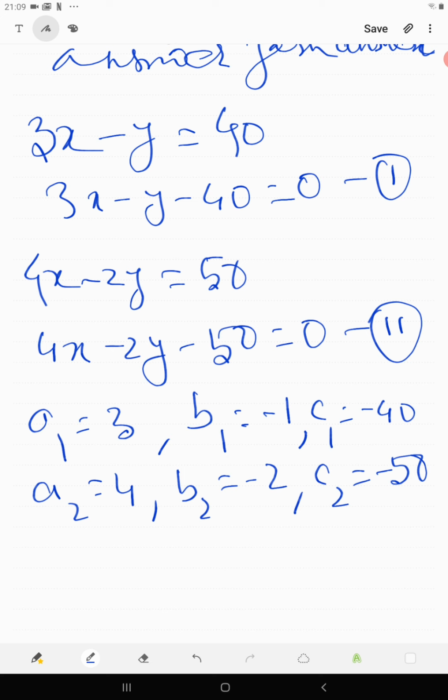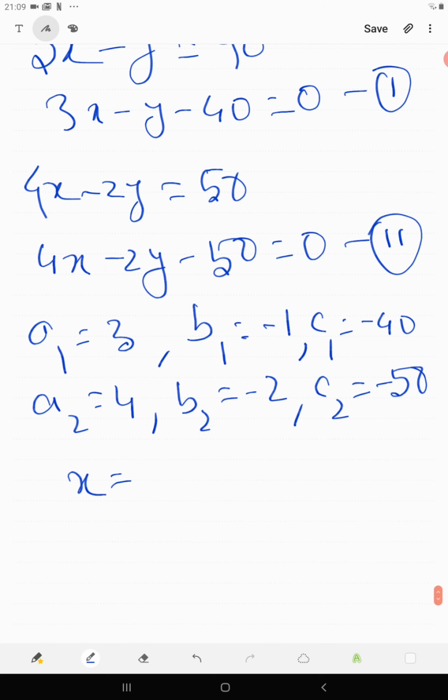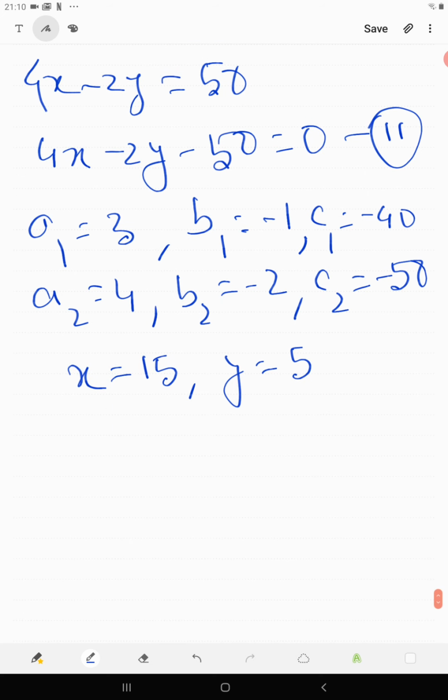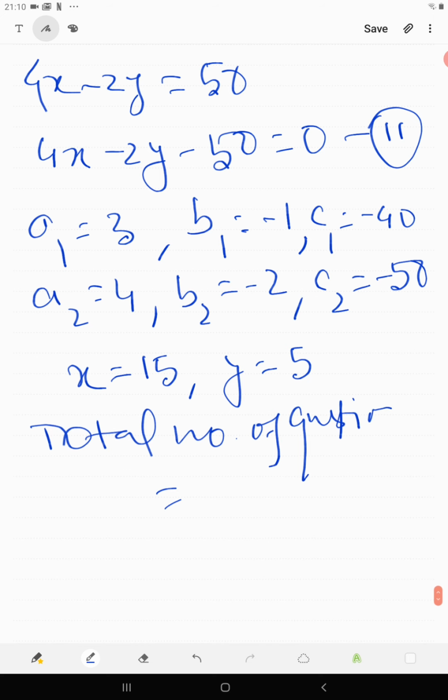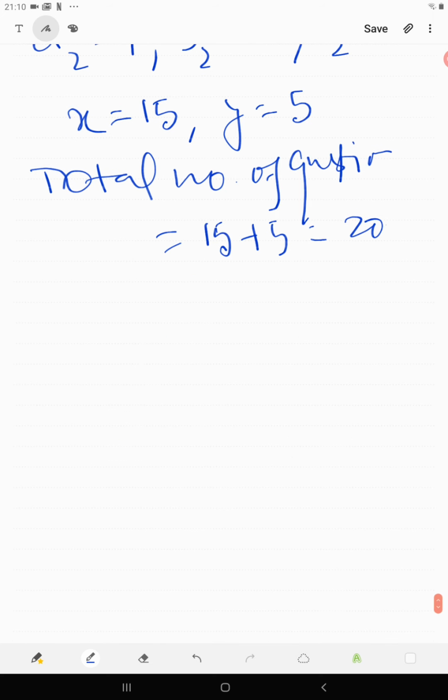Now just put in the formula, and you will get the total number of right answers x equals 15 and the total number of wrong answers y equals 5. Since he answered all, the total number of questions is right plus wrong, so 15 plus 5, that is 20 questions in total.